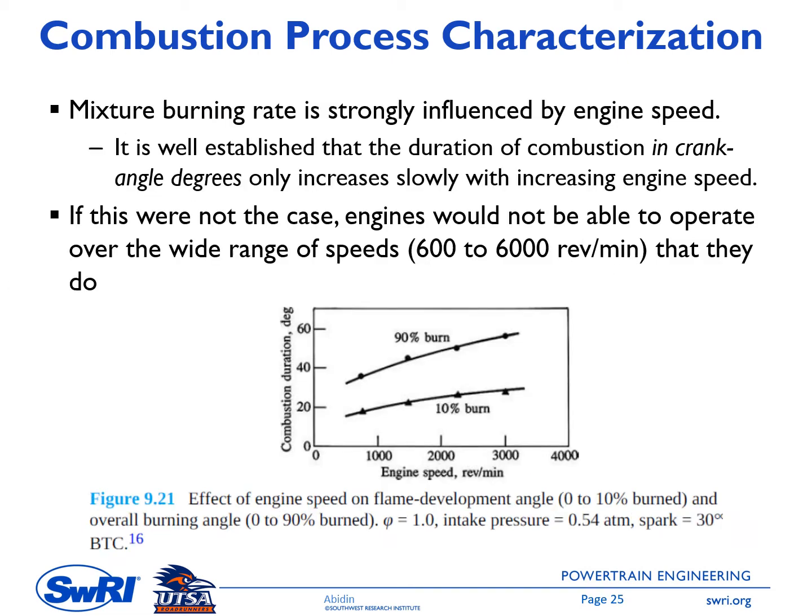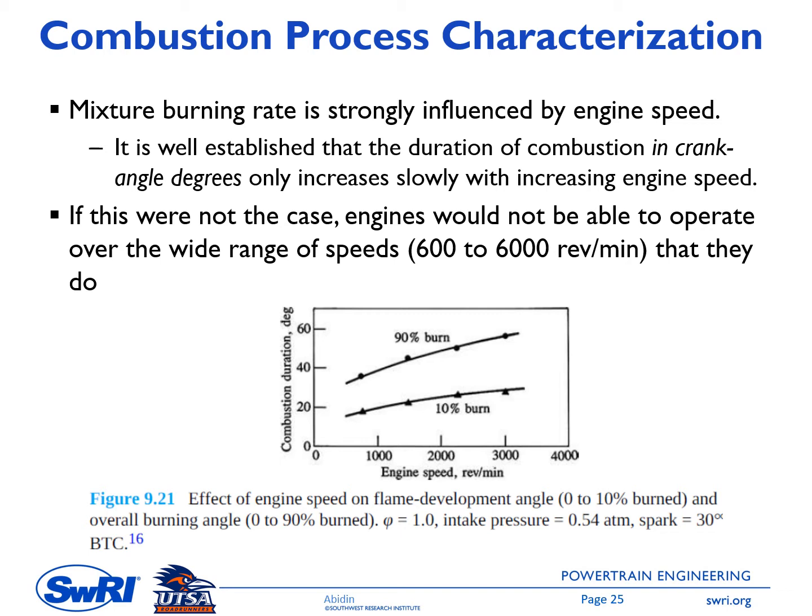How does the burn duration change with the engine speed? We learned in chapter 7 and chapter 8 that as the engine speed increases, the piston speed increases, and it will increase the airflow and the turbulence. In this case, the mixture burning rate or combustion rate is strongly influenced by the engine speed.